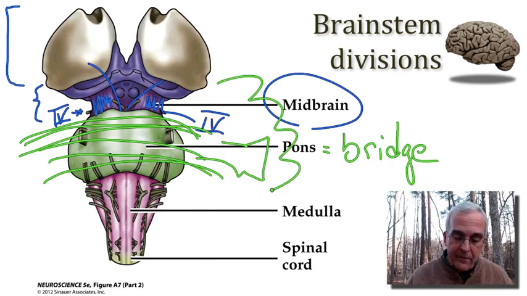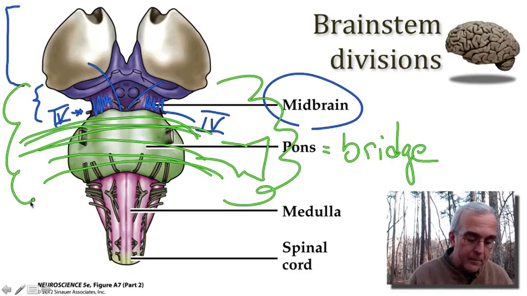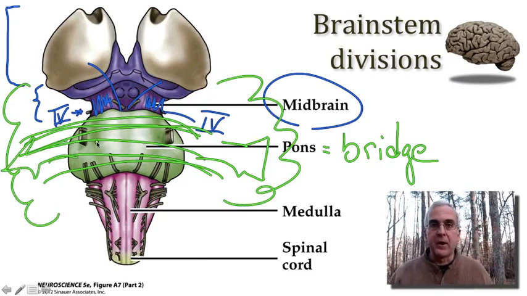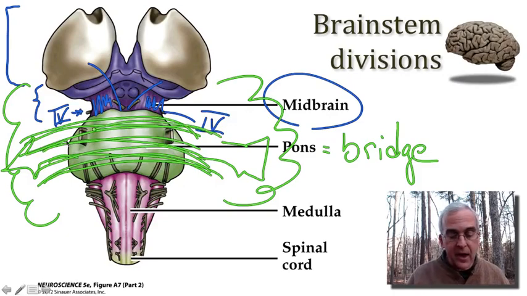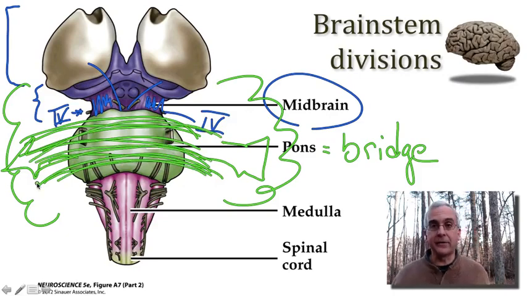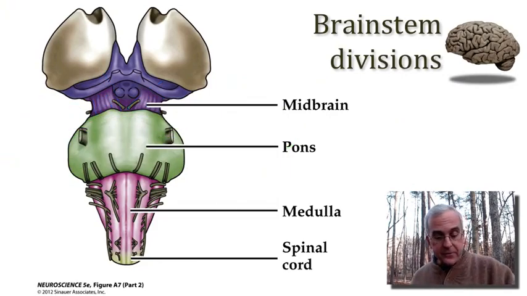So out here we have the cerebellum, and these axons are leaving the pons, terminating in the cerebellum through a structure that we'll call the middle cerebellar peduncle. Well, I'm getting ahead of myself. For now, I just want you to be able to recognize the pons as this bridge across the longitudinal axis of the brainstem.